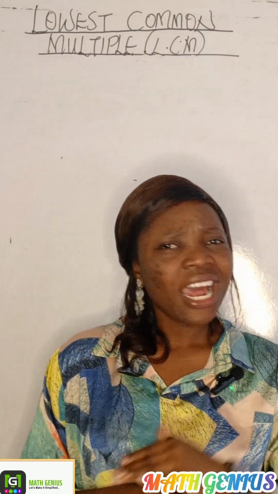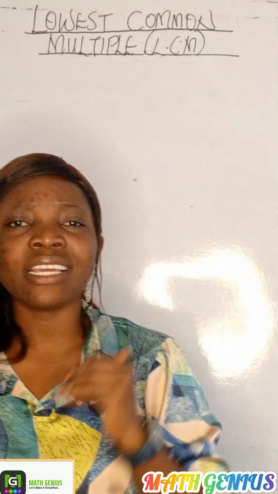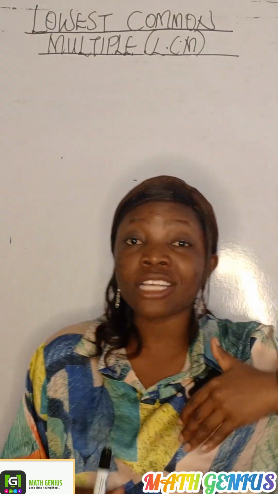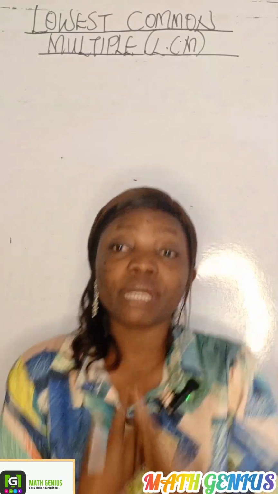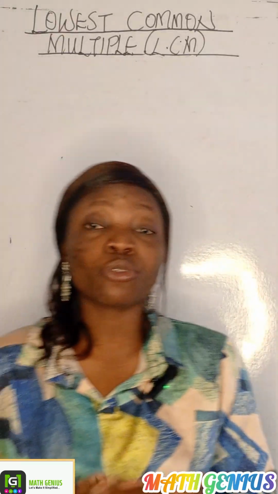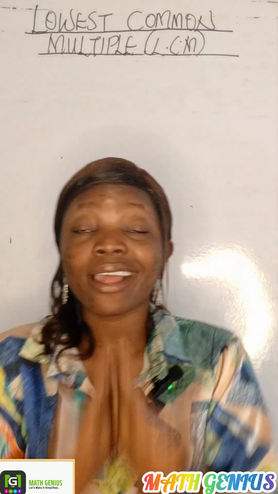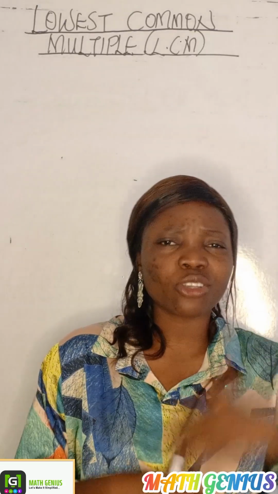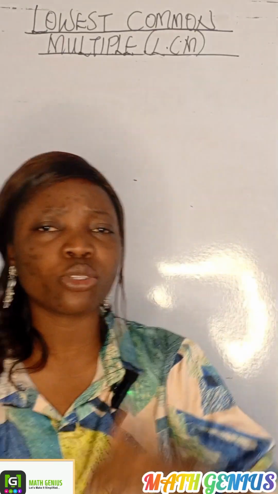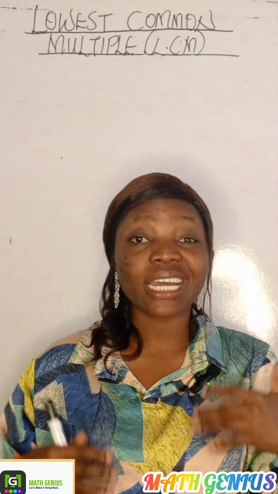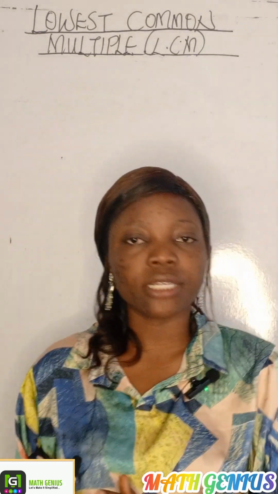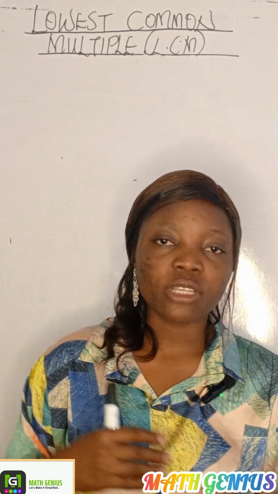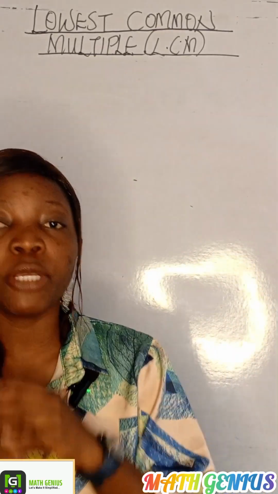As you progress in the study of mathematics, numbers become larger. You don't expect the numbers you played with in primary 2 to be the same numbers you will encounter in primary 6 or JSS1. That is why the factor method has proved more convenient for higher levels, higher basic and middle basic.